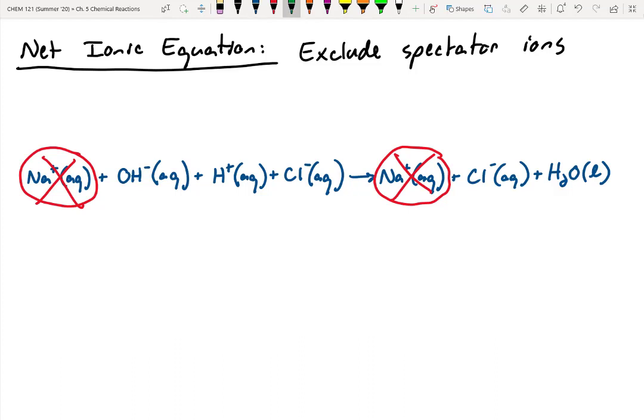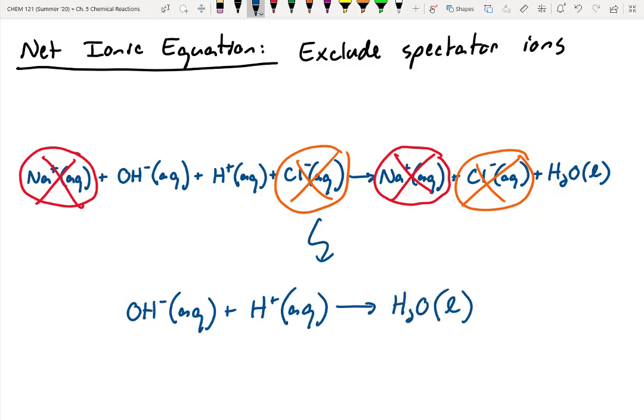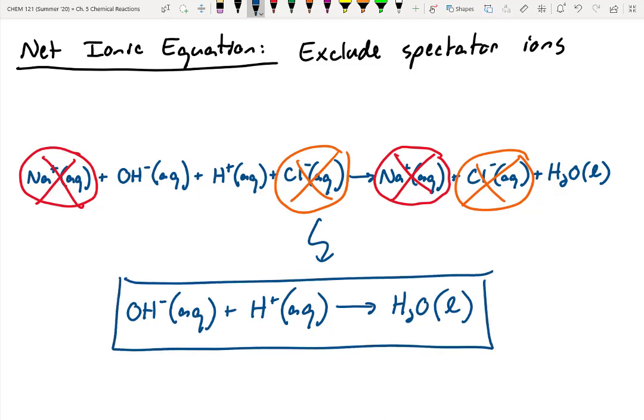Then I'd go over here and say, chloride, looks like I've got those on both sides, so those are going to be considered spectators. That means the net equation is going to be OH minus aqueous plus H plus aqueous goes to H2O liquid. This is the main emphasis of the chemical reaction, excluding all of the spectator ions.